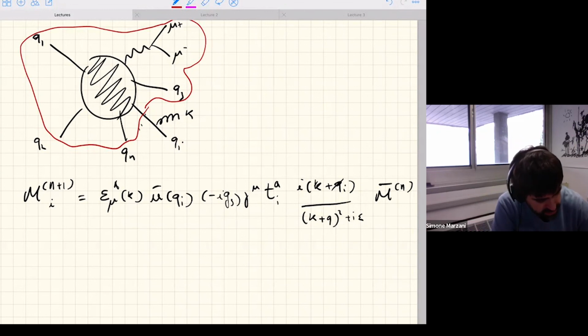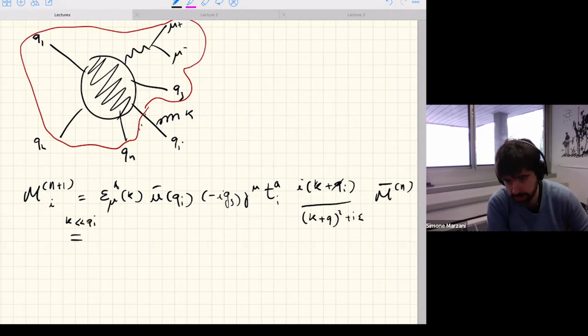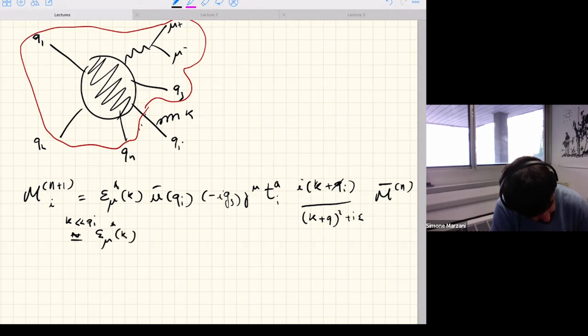Now let's take the soft limit. In the soft limit, k is much smaller than Qi, all components. If I do this limit, what I'm going to get is epsilon star of k, u bar of Qi, minus i g_s gamma mu T^A.